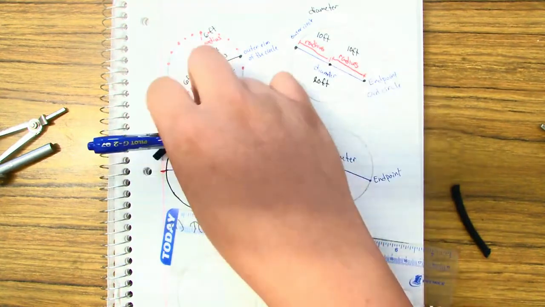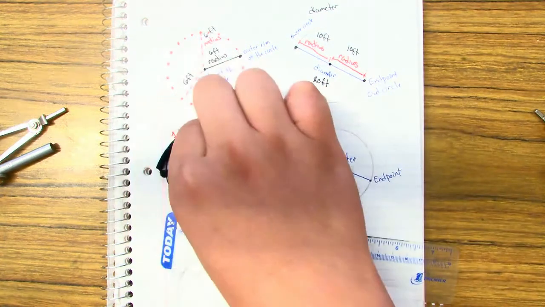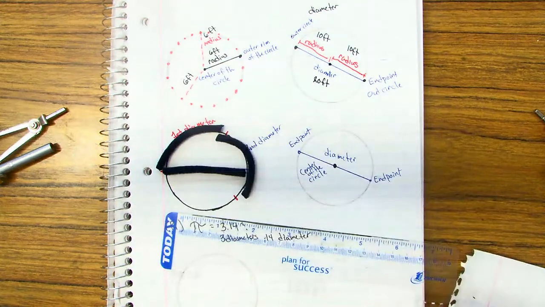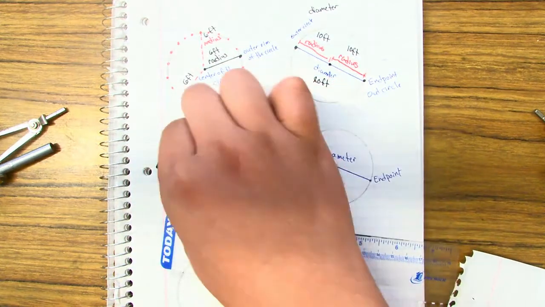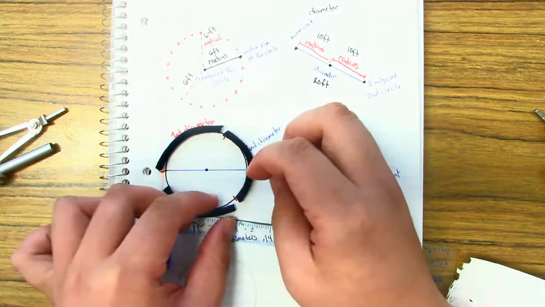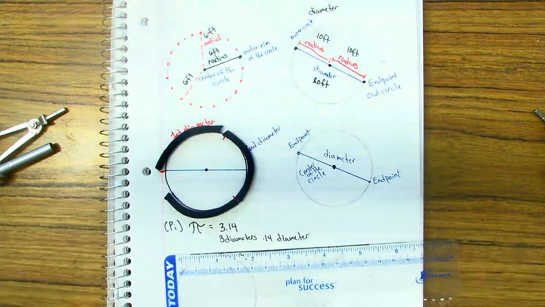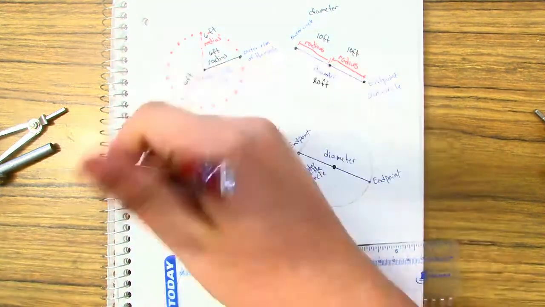And here's the last diameter. I'm going to connect it with the rest. Once again, the circle looks a bit off, so just bear with it. And we're going to draw our last piece here.